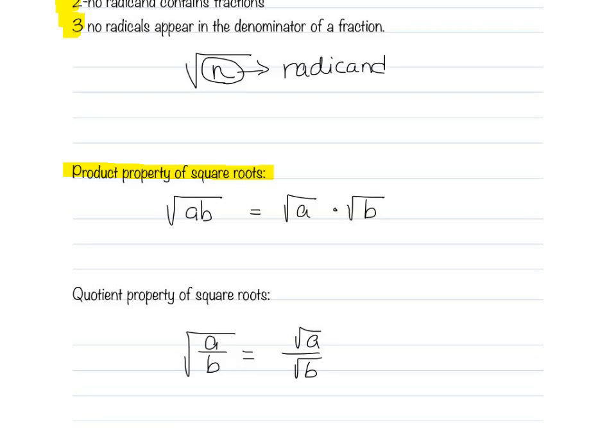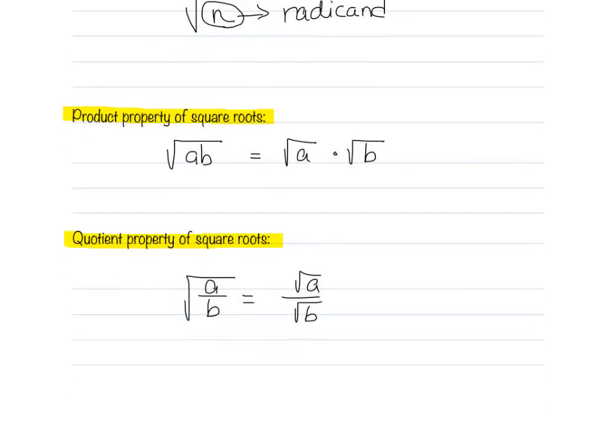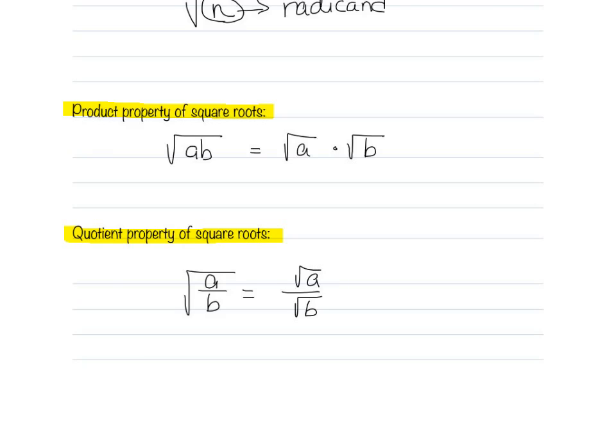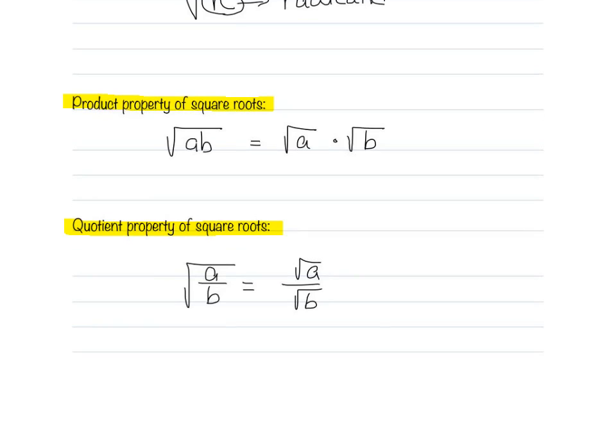There's also the quotient property of square roots that tells us the following. The square root of a over b is equal to the square root of a divided by the square root of b. We will be using these properties when we simplify radical expressions.